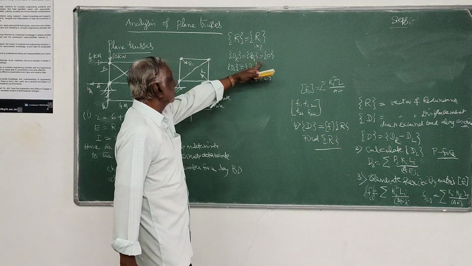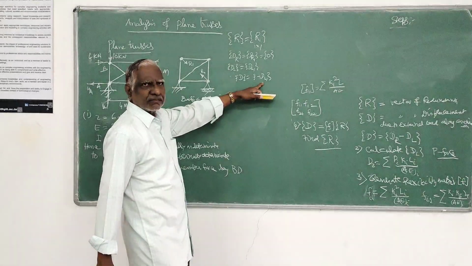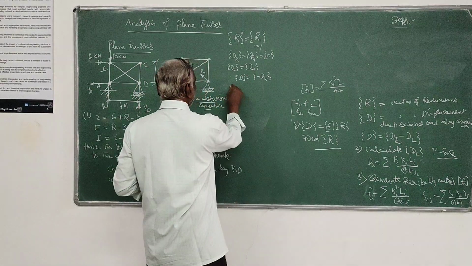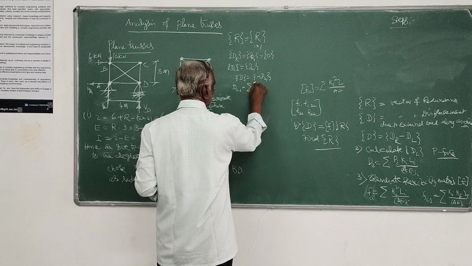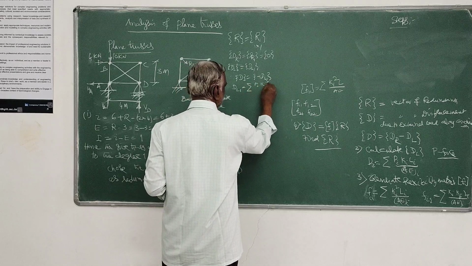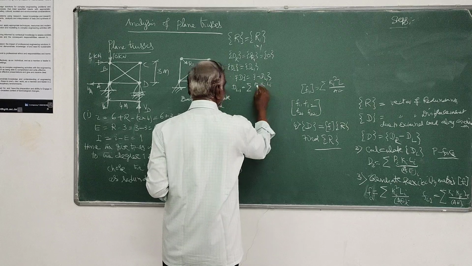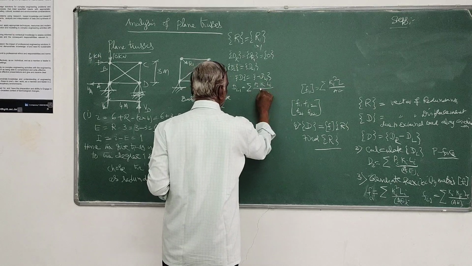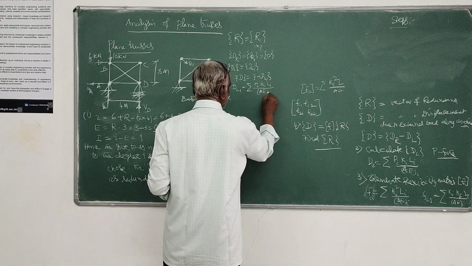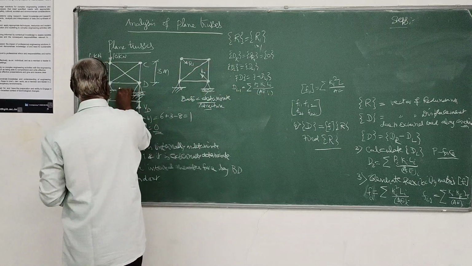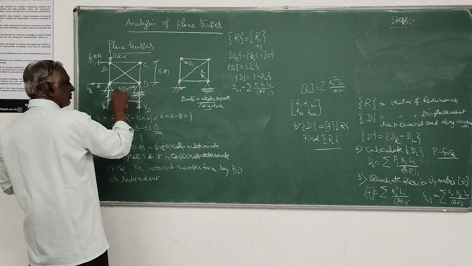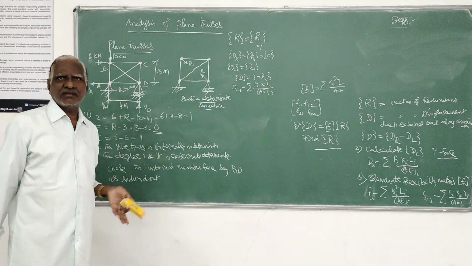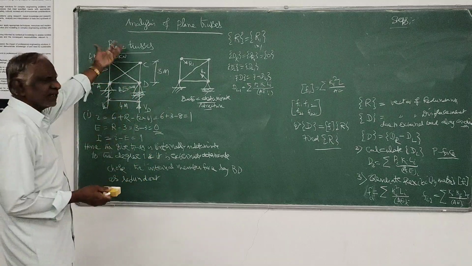DR is 0, DL is DL1, which I have to determine, and that DL1 is nothing but sigma of Pi ki li divided by AE. So here you can take in the problem A as constant for all the members, or it can be varied also.